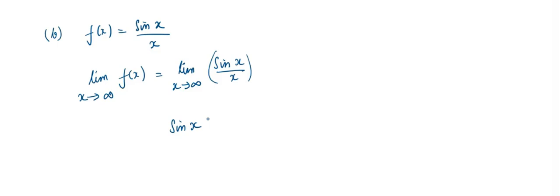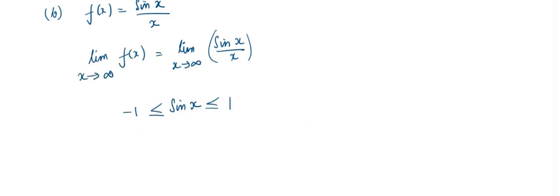Because of the position of the function in a unit circle, sine x can take only values between -1 and 1, isn't it? So all other values will be fractional, right? So they will stay within -1 and 1. So this is a basic trigonometric fact for a unit circle.